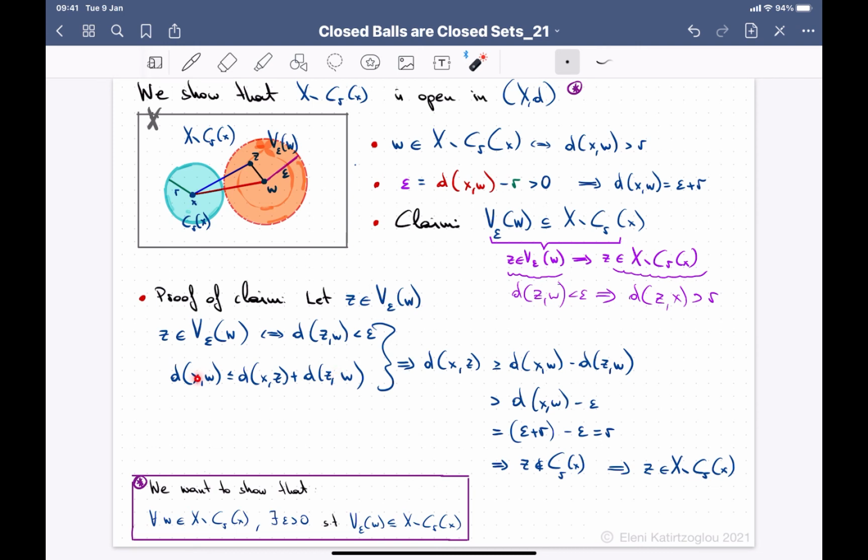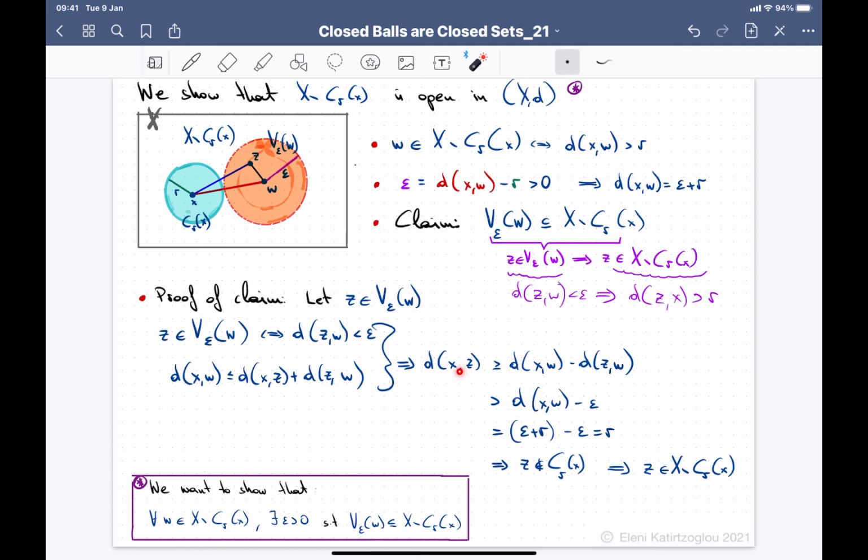We know something about this quantity, we know something about this quantity, we want to figure out something about the third quantity. So we are going to isolate this quantity on one side of our inequality, and leave the other two on the other side.